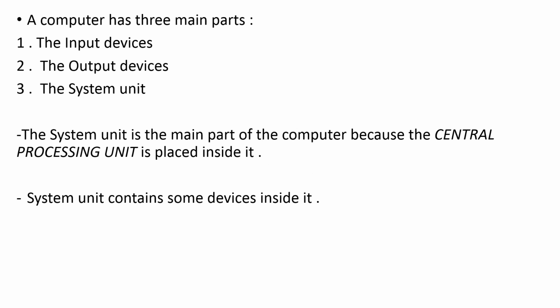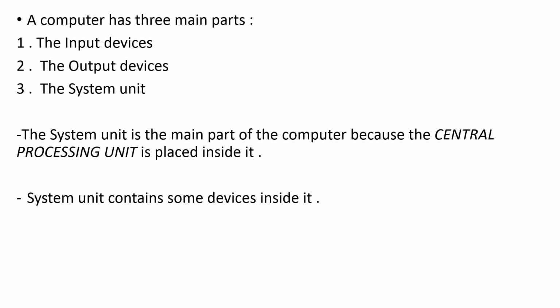Moving ahead, before going to the system unit, let us revise what we have studied in the fourth class. You all know that the computer has three main parts, and those are input devices, output devices, and the system unit, right? Input devices means what?